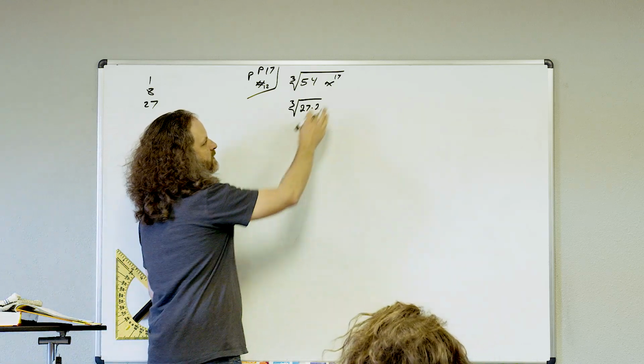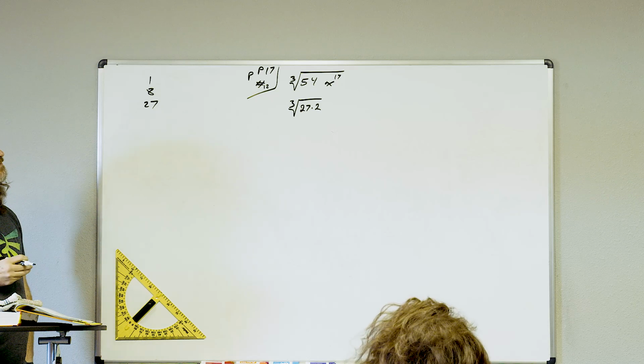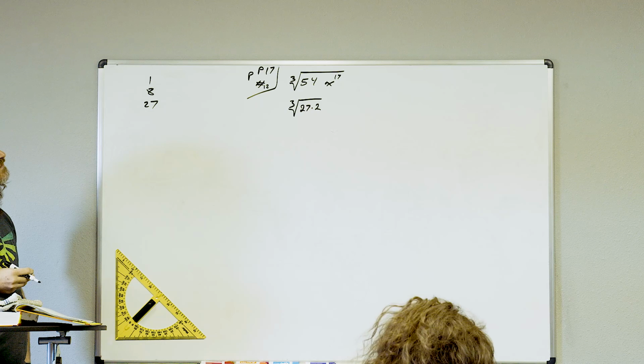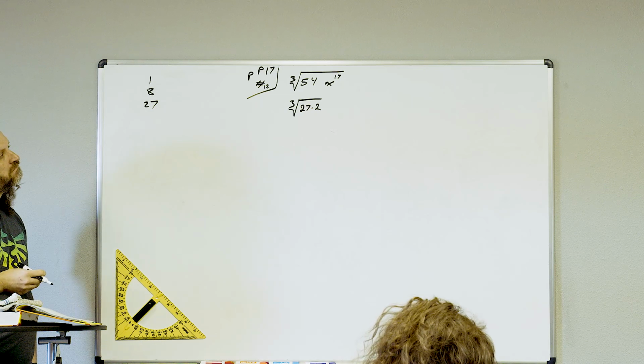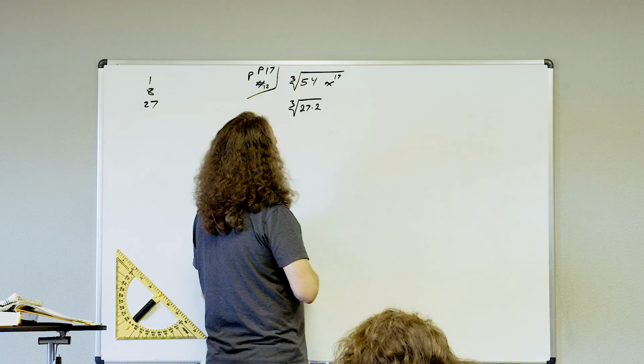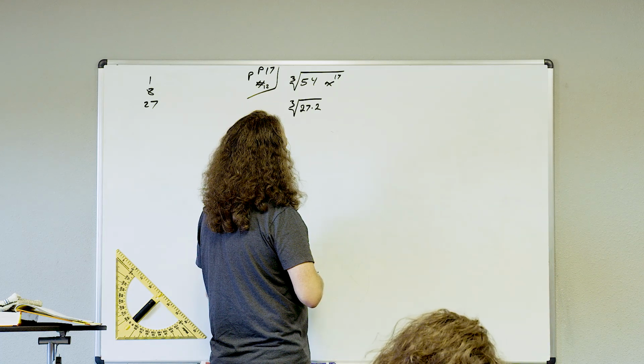All right, what about this one? Can we do something magical with it? We can do x to the 8 and x to the 9. Sure. Well, no, we can't do x to the 8. Oh yeah, we can.